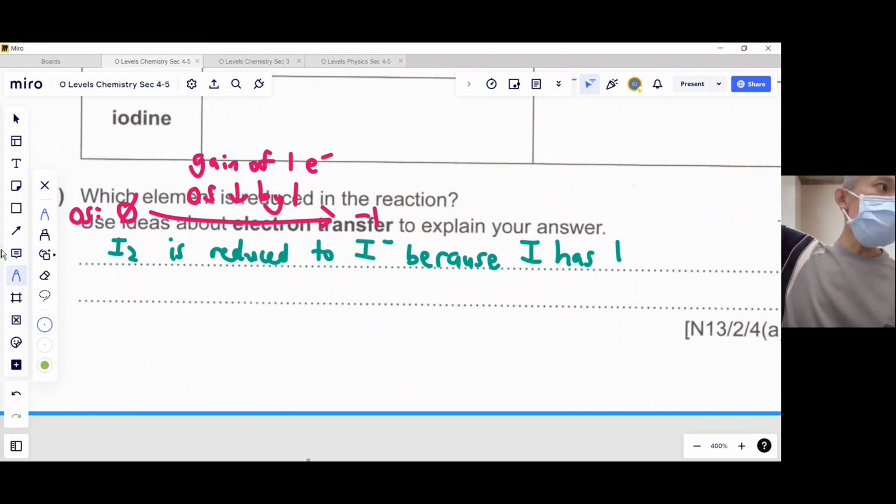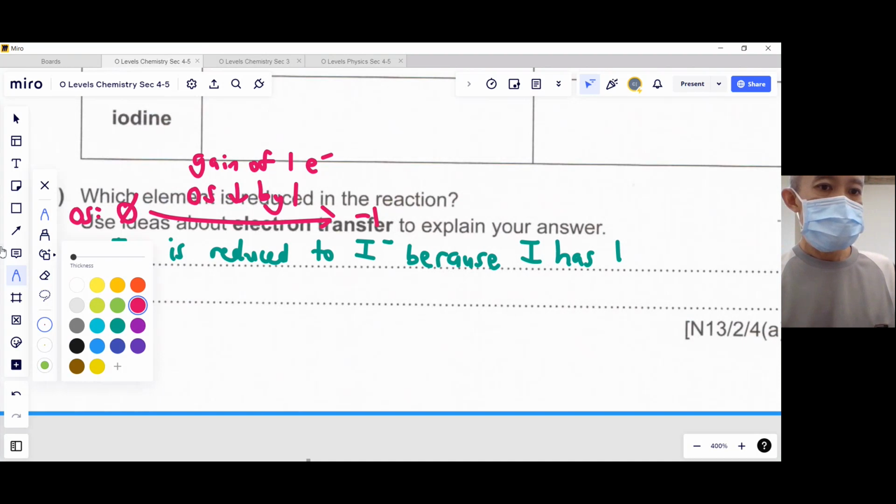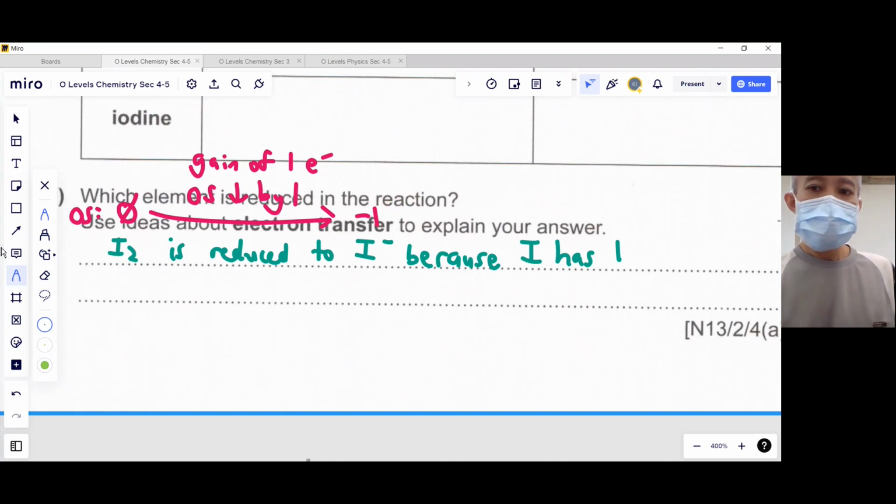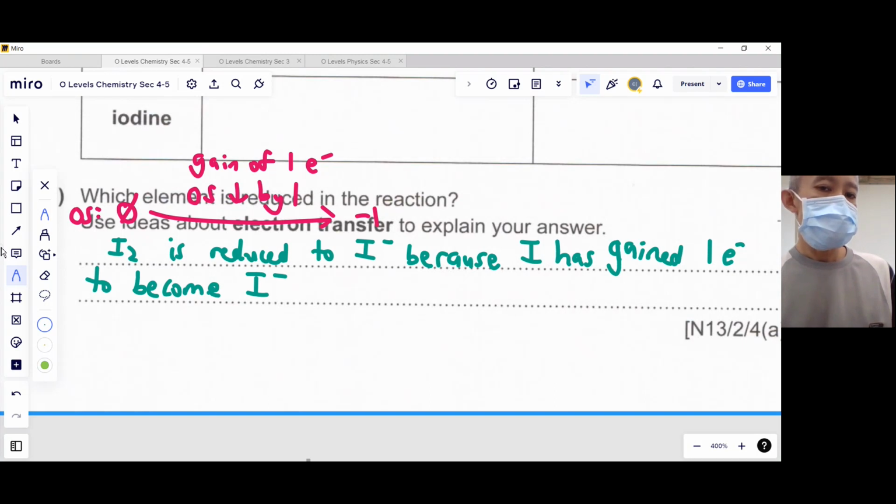If you look at my rules in red over there, so therefore, how do you want to answer this using electrons? Iodine has gained 1 electron to become I minus.